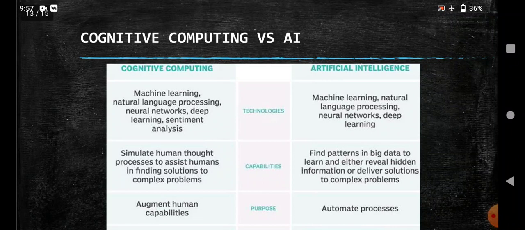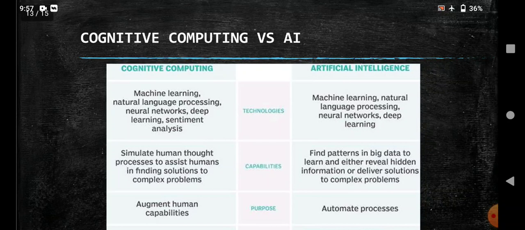Now, cognitive computing has the capability to simulate the human thought process to assist humans in finding solutions to complex problems, whereas artificial intelligence has the capability to find patterns in big data, to learn and either reveal hidden information or deliver solutions to complex problems.